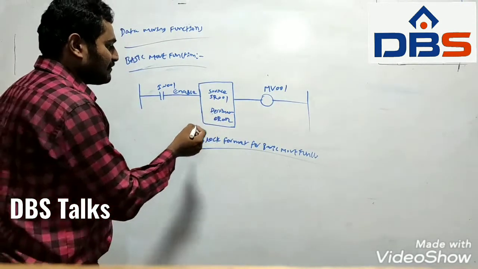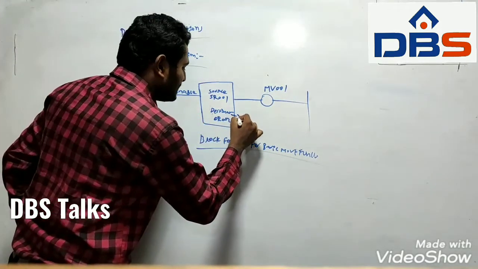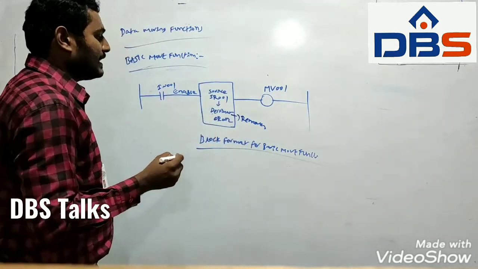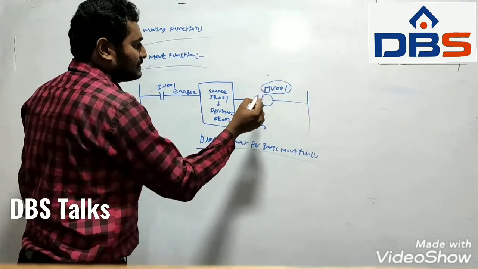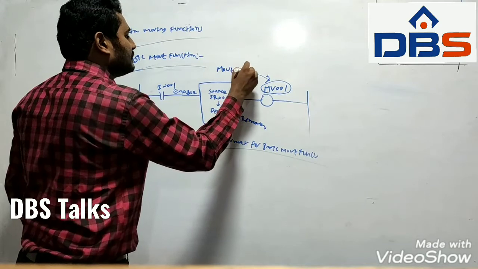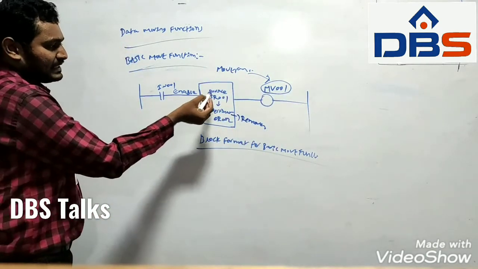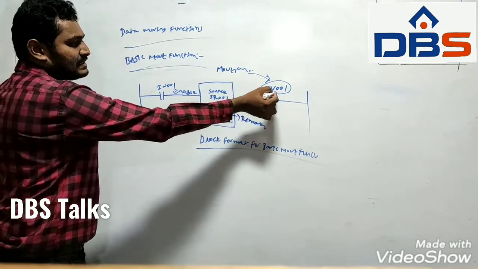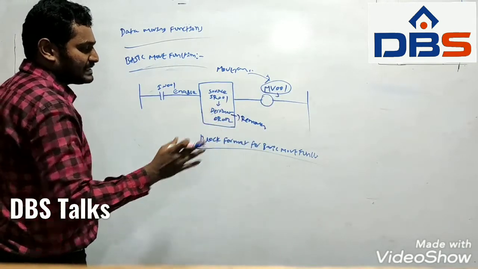That means the old value is removed from the destination register and replaced with the source register value. And once the move function is completed, this coil is turned on, because when the source register value has replaced the destination register value, the coil function is turned on. So this is the block format for basic move function.